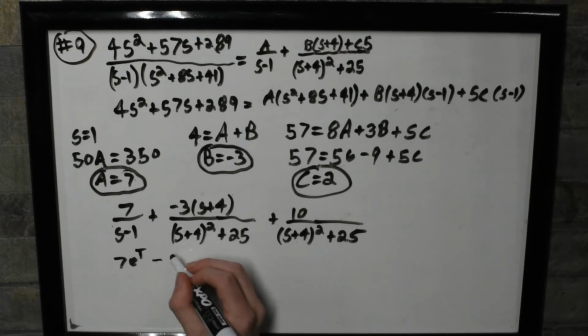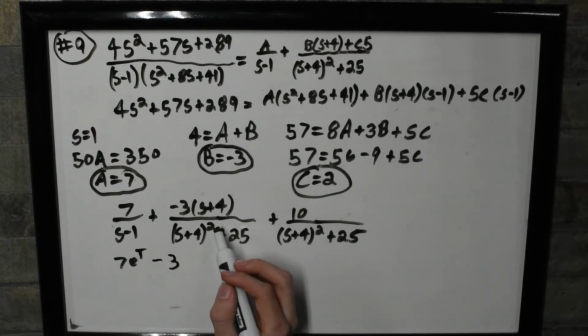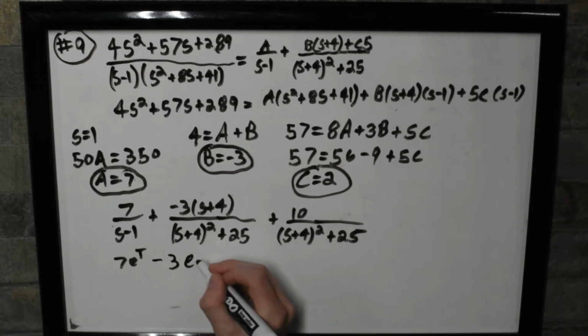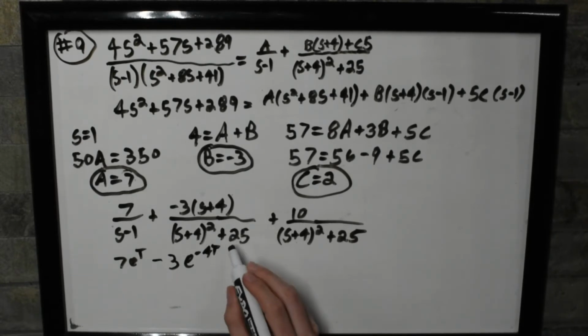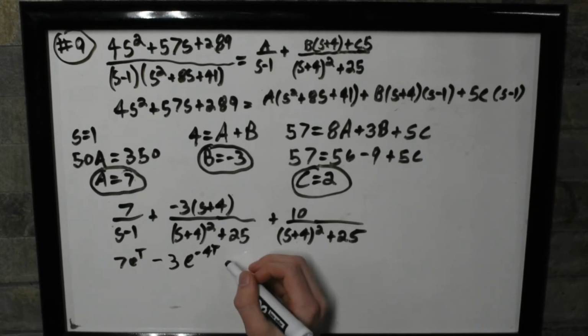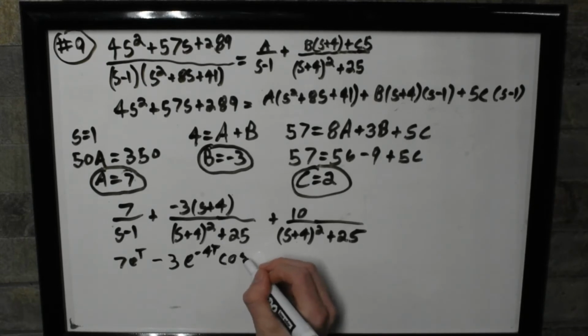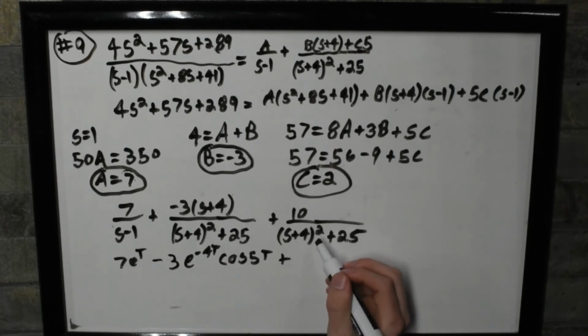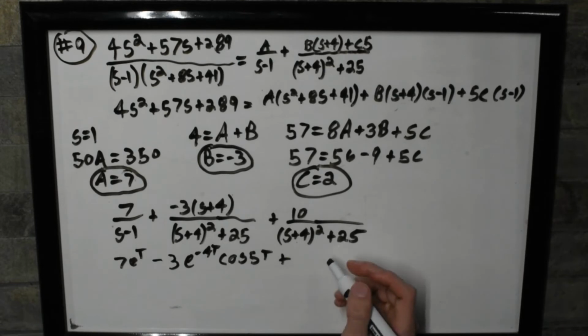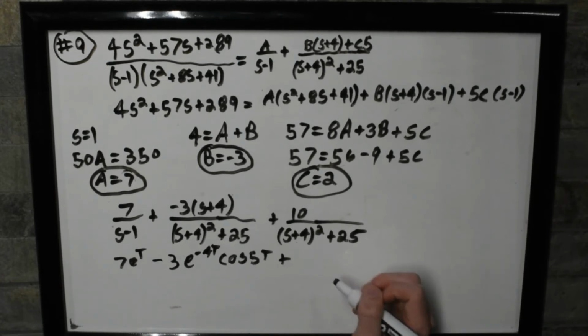Minus 3. Well, this is going to be the last property, and we're going to be left with the Laplace transform of e to the negative 4t cosine 5t. And then, of course, this will be the second to last property, e to the alpha t sine beta t. Well, let me write this here.